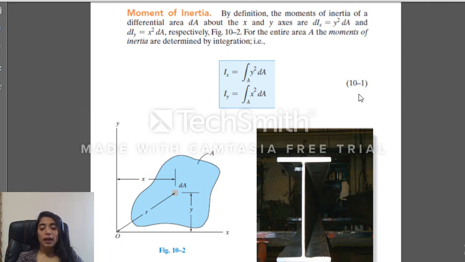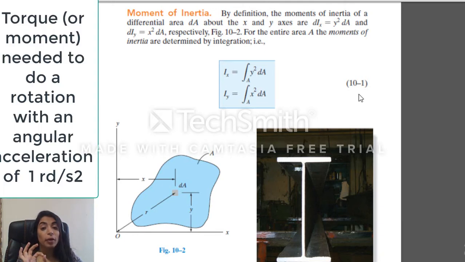Good morning, guys. In this video, we will start talking about a new terminology, which is the moment of inertia. Now, what is the moment of inertia? Basically, guys, if I start with the mass moment of inertia, it is by definition equal to the torque needed to do a rotational motion with an angular acceleration of 1 radian per second squared.